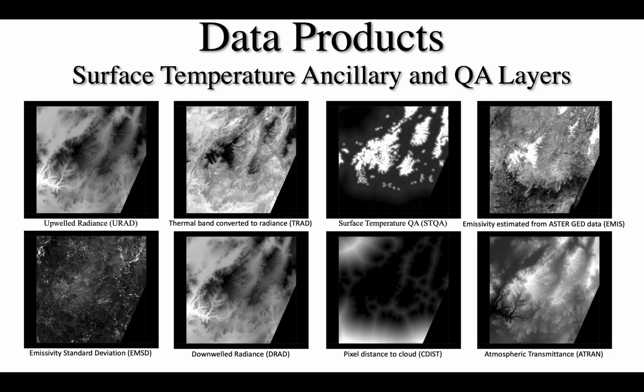They include the upwelling radiance, the downwelling radiance or downwell gradients, the thermal band converted to radiance, surface temperature quality assurance, emissivity estimated from the ASTER GED data, emissivity standard deviation, pixel distance to cloud, and atmospheric transmittance.